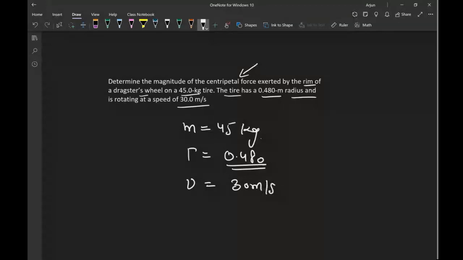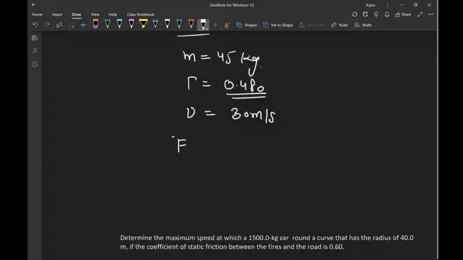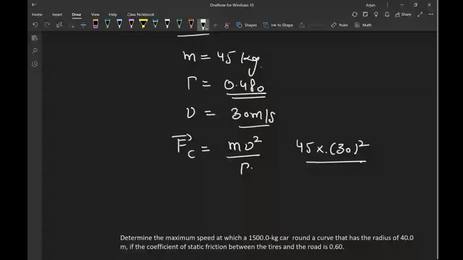How can I find out the centripetal force? That will be Fc, which is equal to mv squared upon r, and that is equal to 45 times the v value, 30, so 30 squared, divided by 0.480. After doing the calculation, let me open up my calculator.